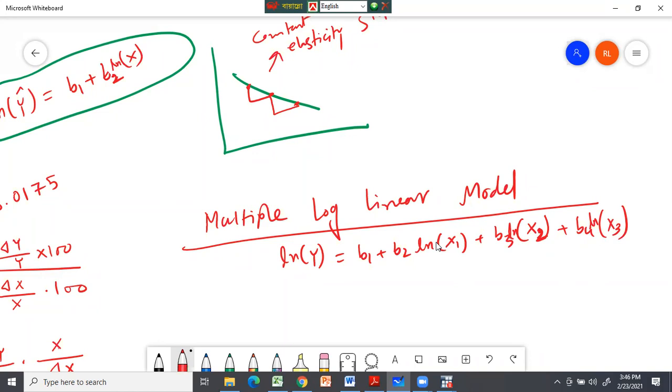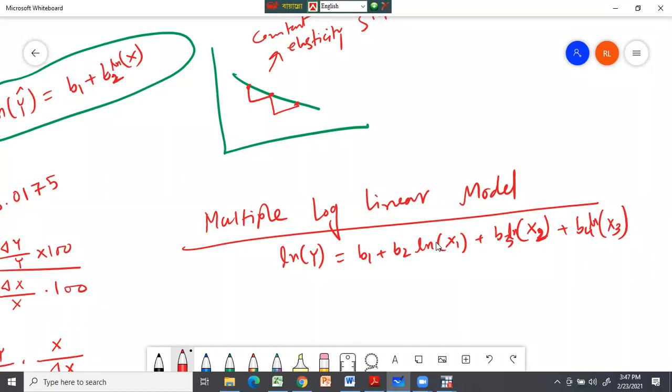When you're explaining them, remember one thing: you will have to add one line, which is ceteris paribus, also known as holding the impact of the other variables constant.